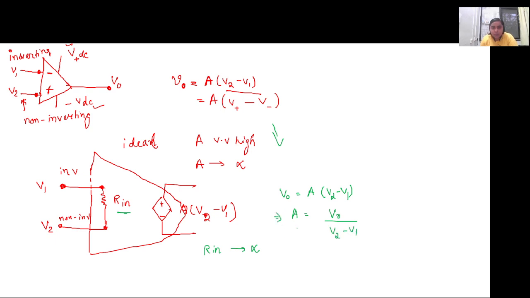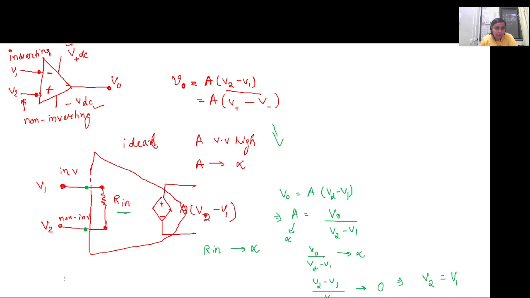Now in an ideal op-amp, A almost tends to infinity. That is, V naught by V2 minus V1 will almost tend to infinity. That is, V2 minus V1 by V naught will tend to 0. So if we have this condition, then V2 will be equal to V1. So basically whatever the voltage is across this inverting terminal will be equal to the voltage across this non-inverting terminal.